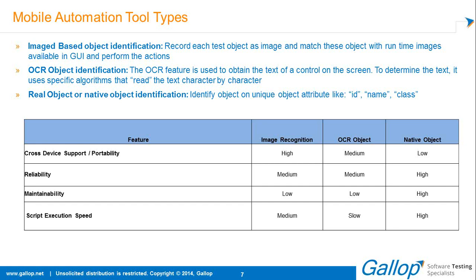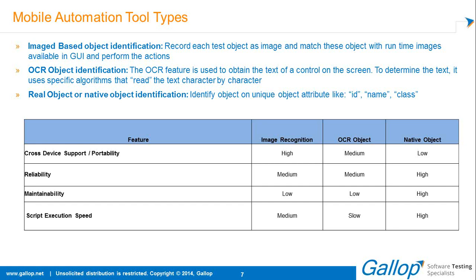And then you have tools that are purely based on OCR recognition, where they try to extract the text that is there on the screen of your mobile application, and then they try to perform the actions based on the text recognition mechanism.